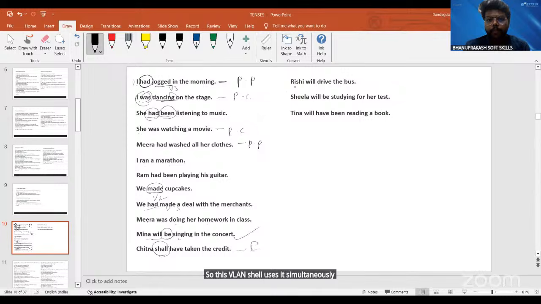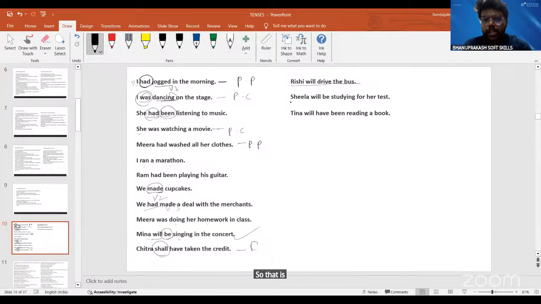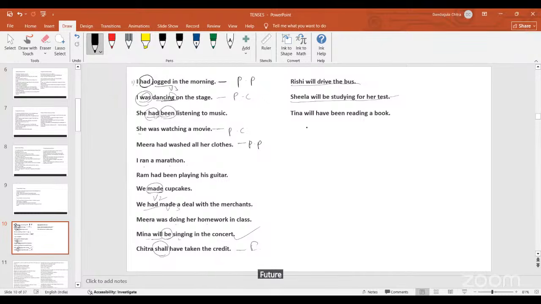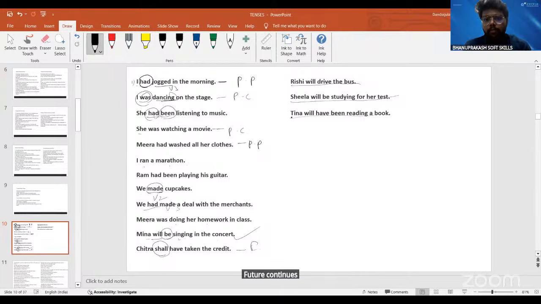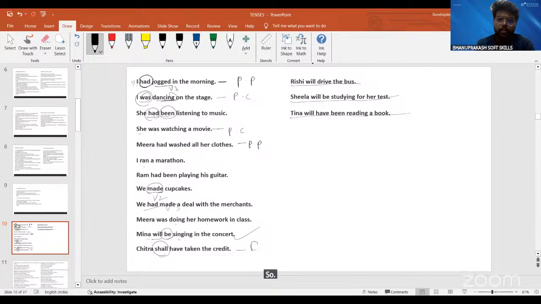Both are the same. Rishi will drive the bus. Simple future. Sheila will be studying for her test. Future continuous. Next, Tina will have been reading a book. Future perfect continuous.